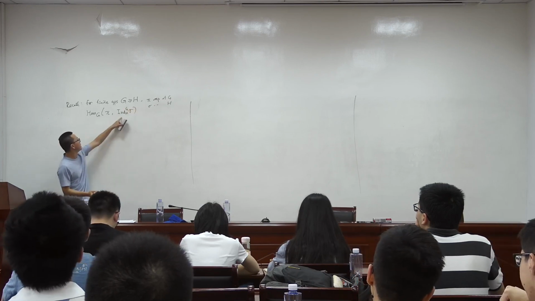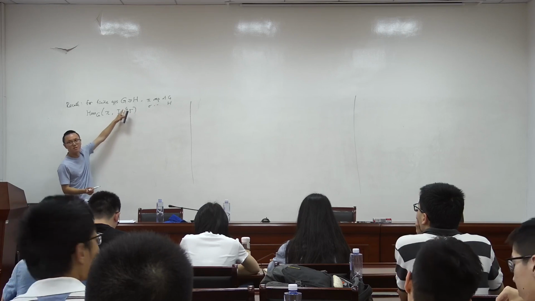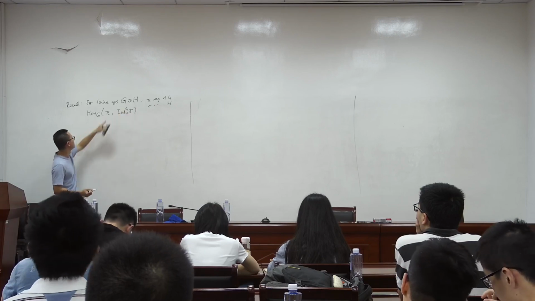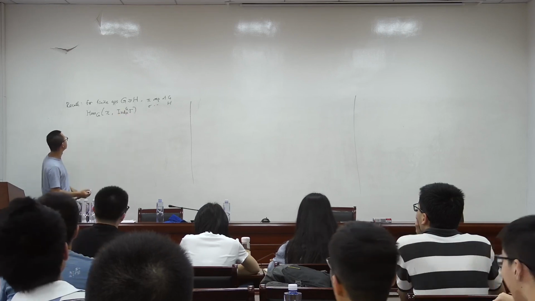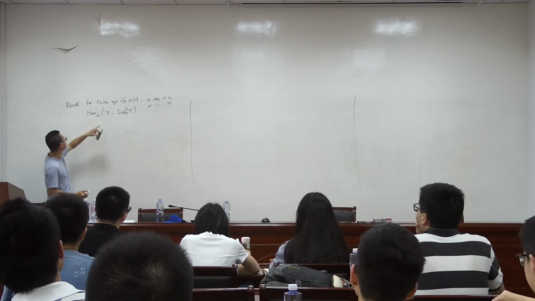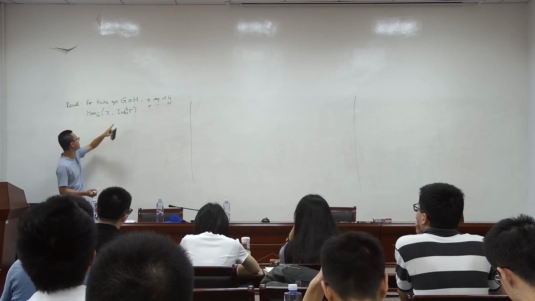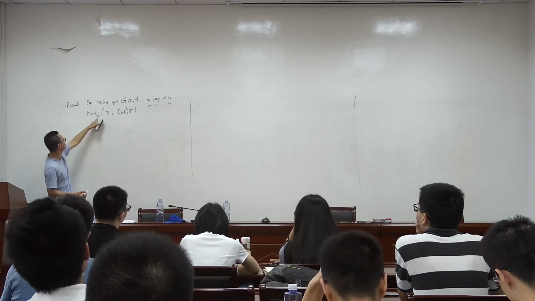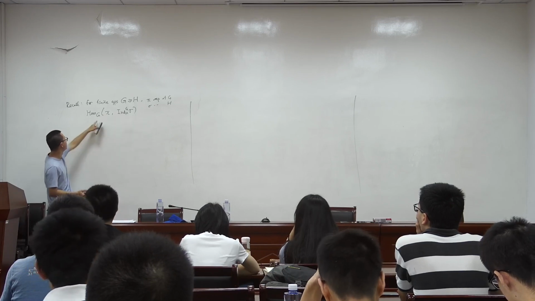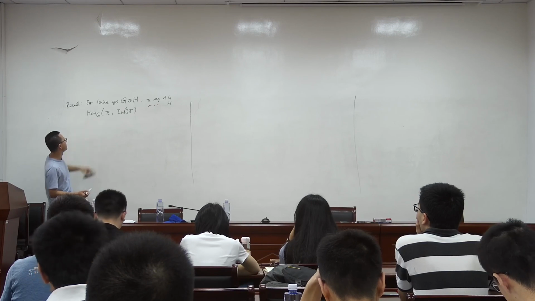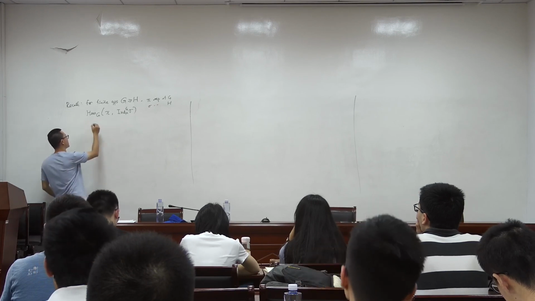So this is a representation of G, and you compare all the linear homomorphisms from pi to this induced representation which are intertwined by G. So this is the intertwining space.